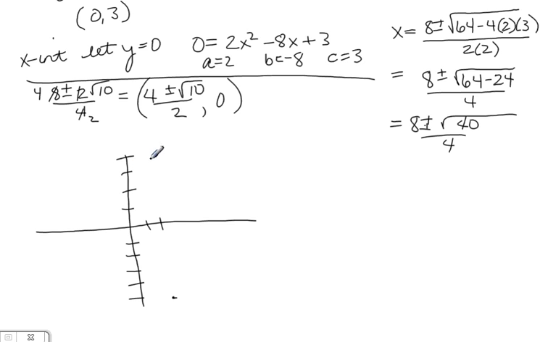Also, go ahead and plug in your intercepts. Now you may want to plug those values in your calculator, but I definitely have the point 0, 3 that I could plot. And then the 4 plus or minus the square root of 10 over 2 is going to give me those other two values.